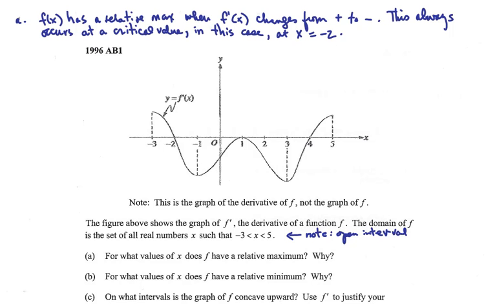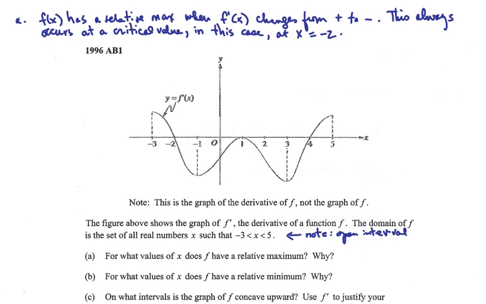Everywhere in this particular graph, f prime exists, and it is 0 only at 3 places: at x equals -2, at x equals 1, and at x equals 4. However, in only one of these 3 instances does the derivative change from positive to negative.